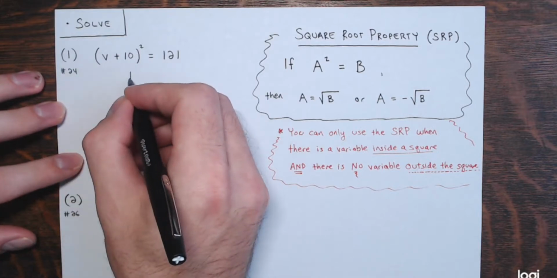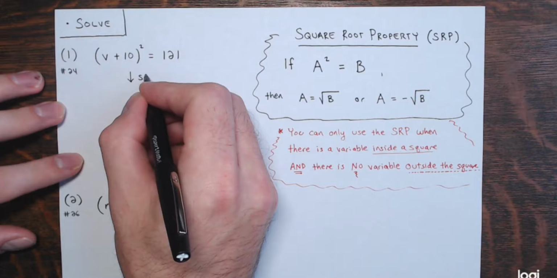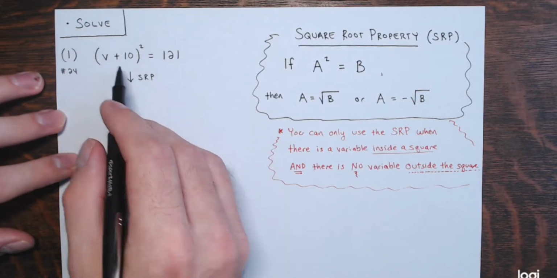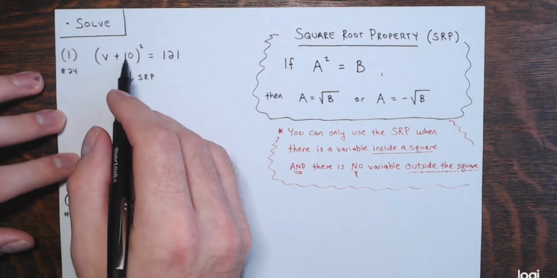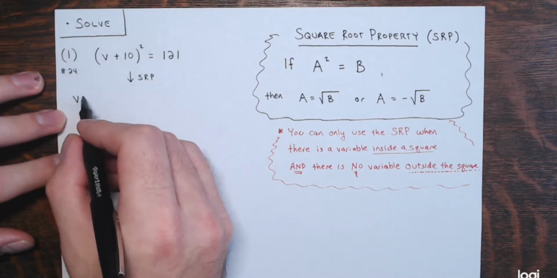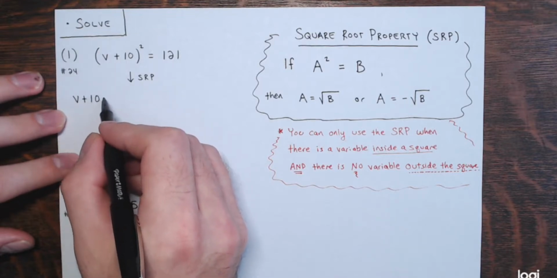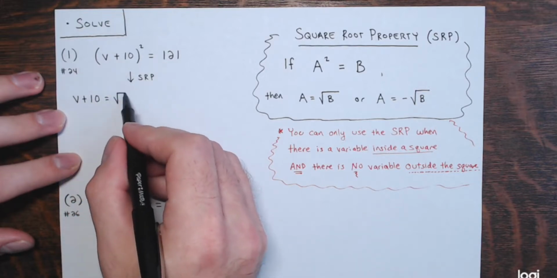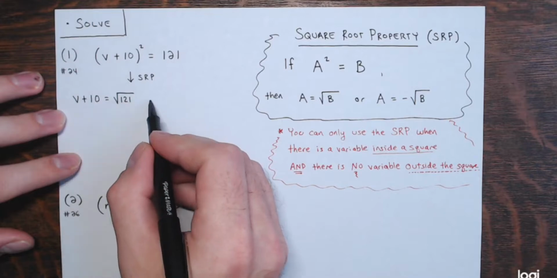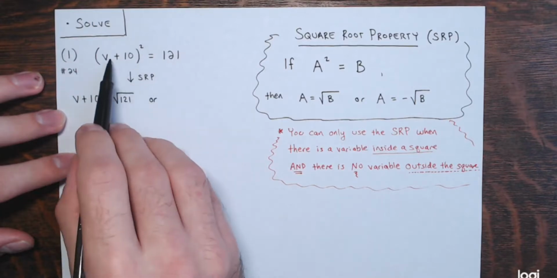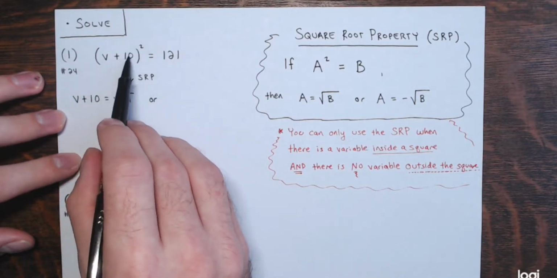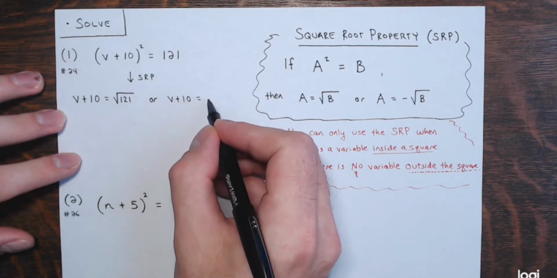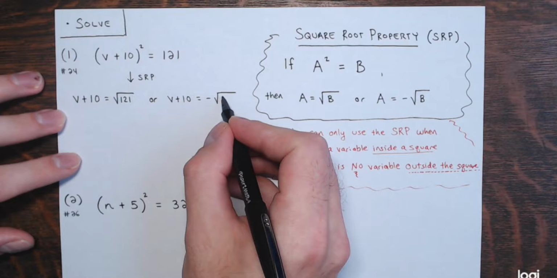So then I can apply the square root property, SRP. By the square root property, this expression being squared, v plus 10, is either the positive square root of 121, or, again, this expression being squared, v plus 10, is the negative square root of 121.